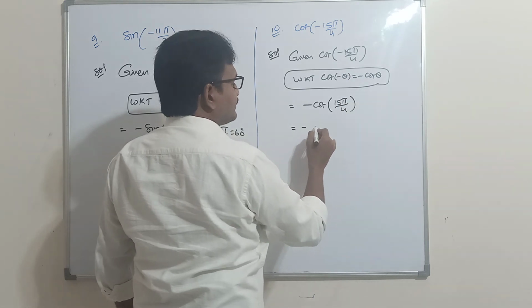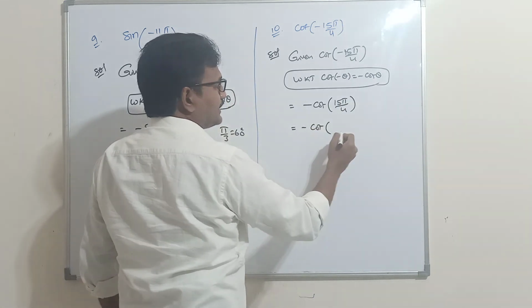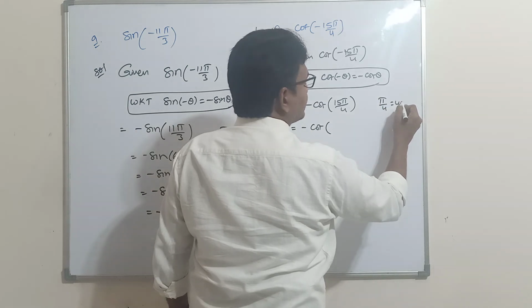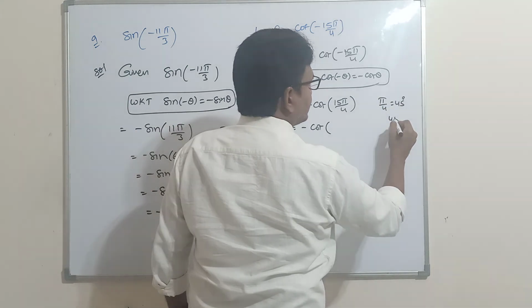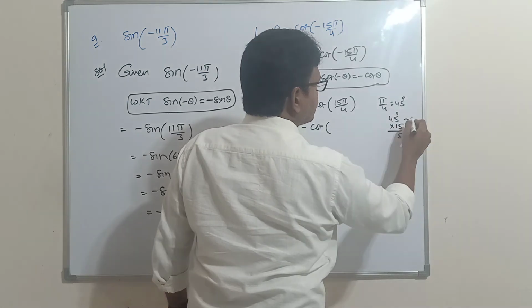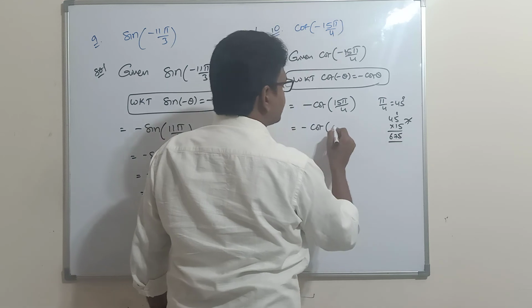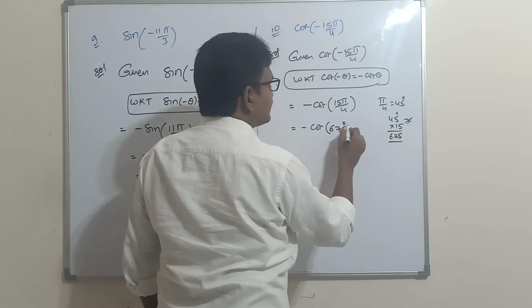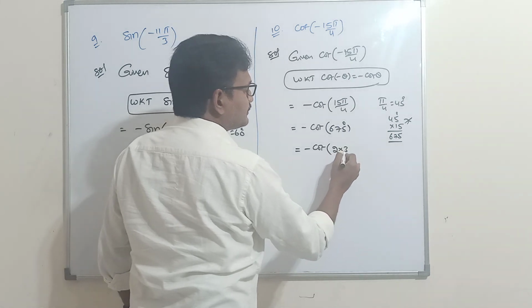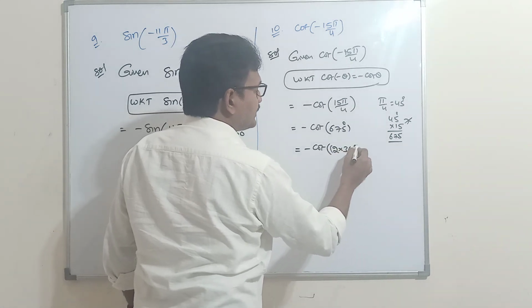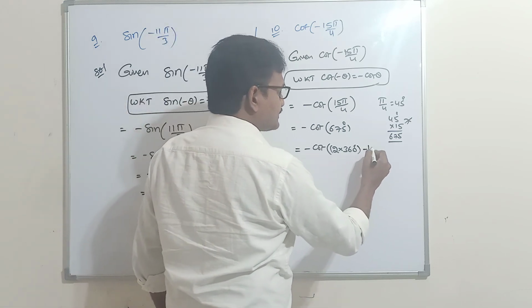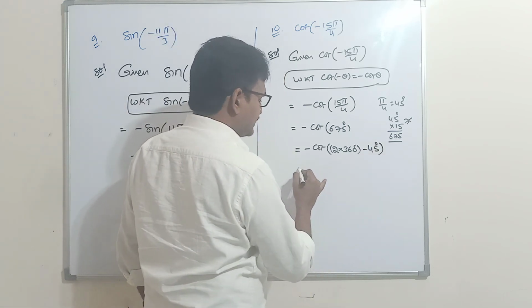So minus of cot of 15 pi by 4, where pi by 4 means 45 degrees. So 45 degrees into 15 is 675 degrees. Minus of cot of 675 degrees. We can write 675 degrees as 2 into 360 minus 45.